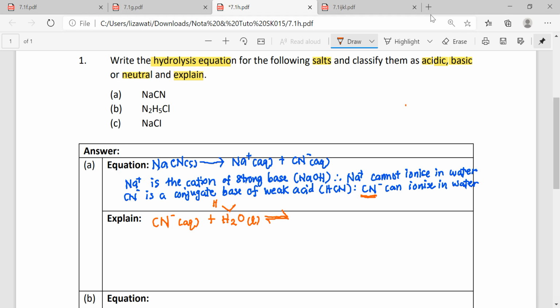H2O dissociates into H+ and OH-. So it becomes HCN aqueous and OH- aqueous. Since the product formed is hydroxide ion, we can conclude that NaCN is a basic salt.